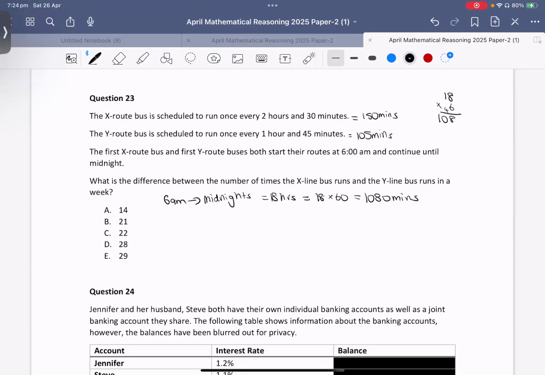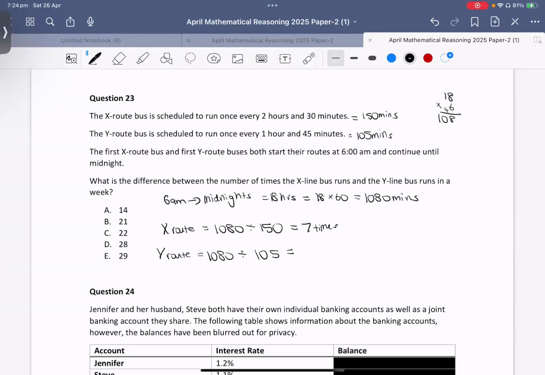So that means that the X route, which runs every 150 minutes, would run this many times, right? So 1080 divided by 150, you should hopefully get 7. And the Y route would be 1080 if it comes every 105 minutes.